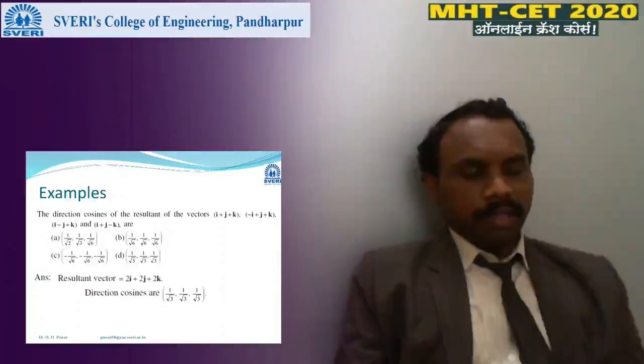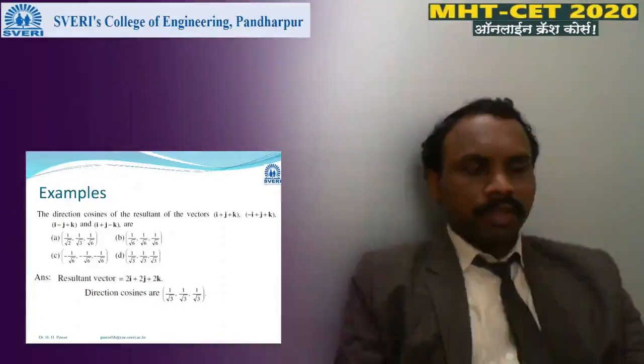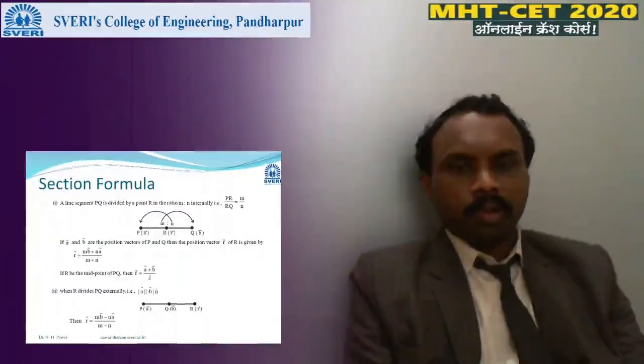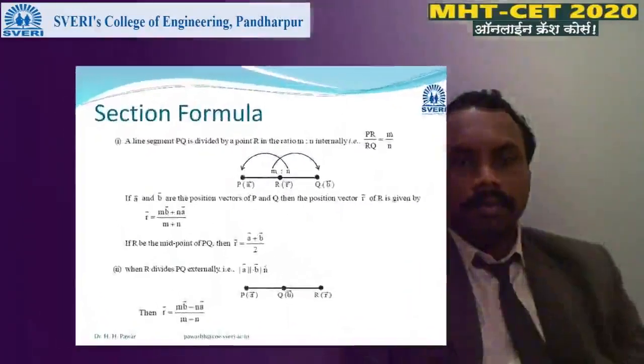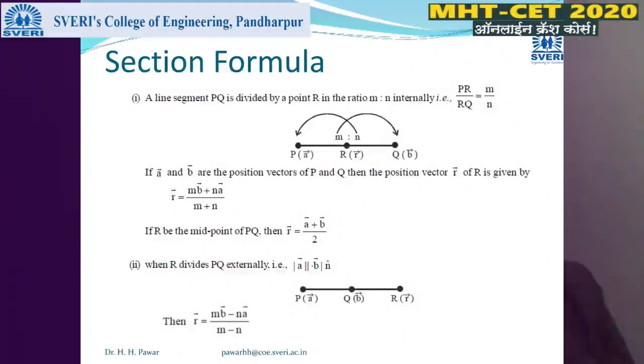Next we will see the section formula. A line segment PQ is divided by a point R in the ratio m/n internally, that is PR divided by RQ is equal to m/n.